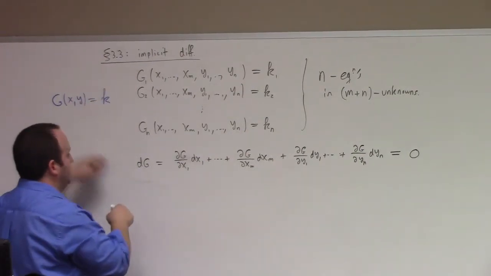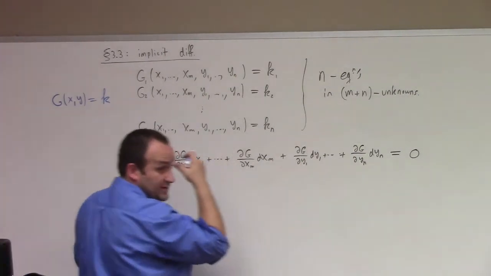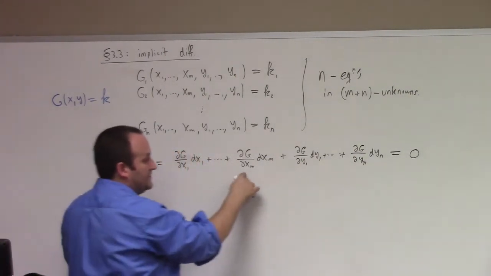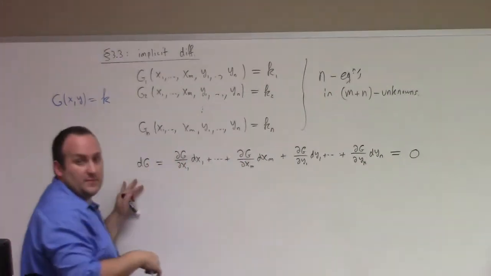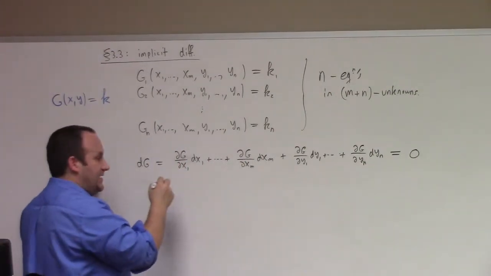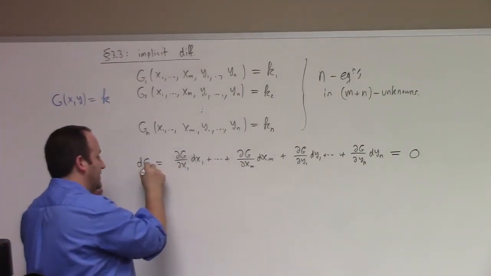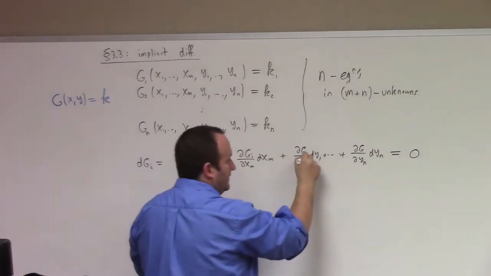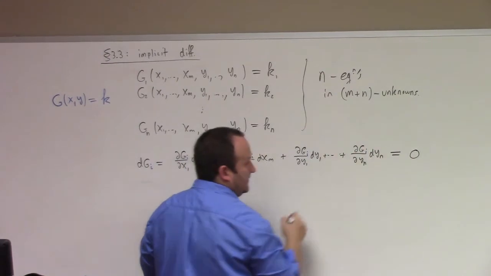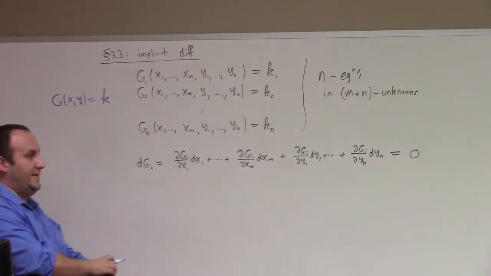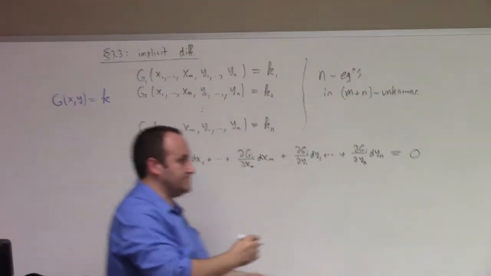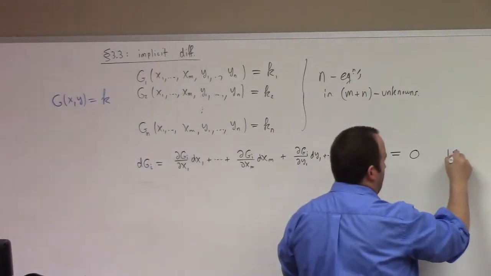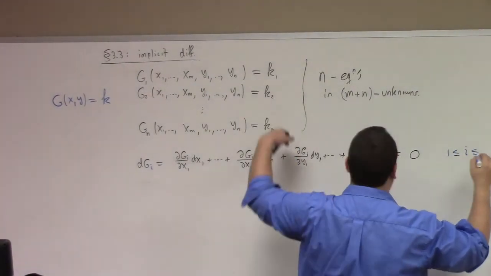You could take the differential of the vector valued thing and it would look like that. These would be vectors then. But let's not be quite out there so much. Let's say that this is the ith component. Then there's an i here, an i here, an i there, an i there, all right? And that's for i equal to what? 1 less than or equal to i less than or equal to n, right?